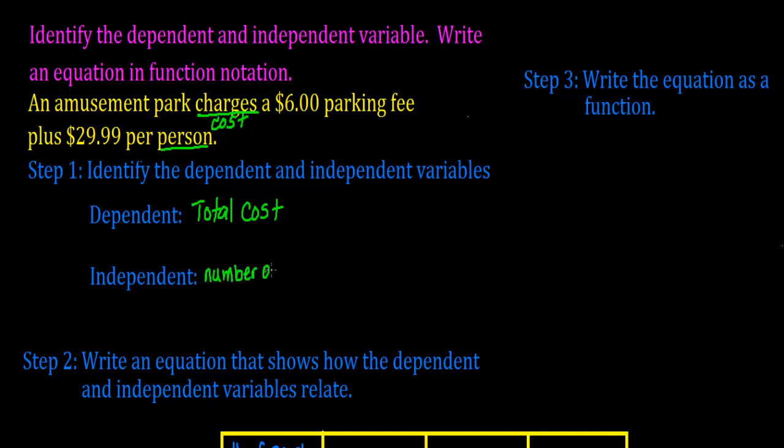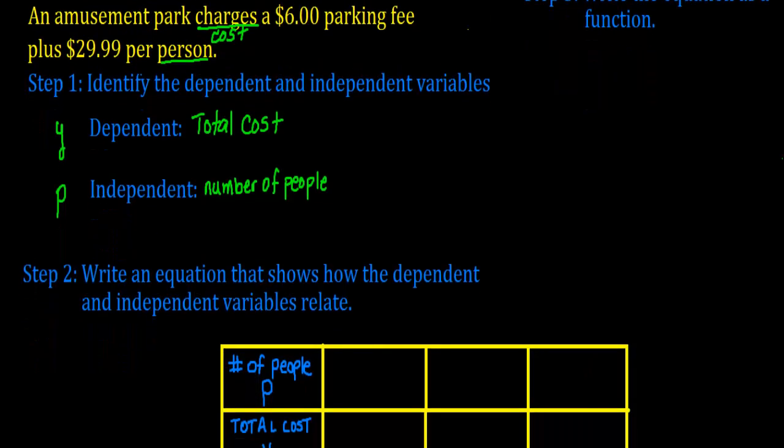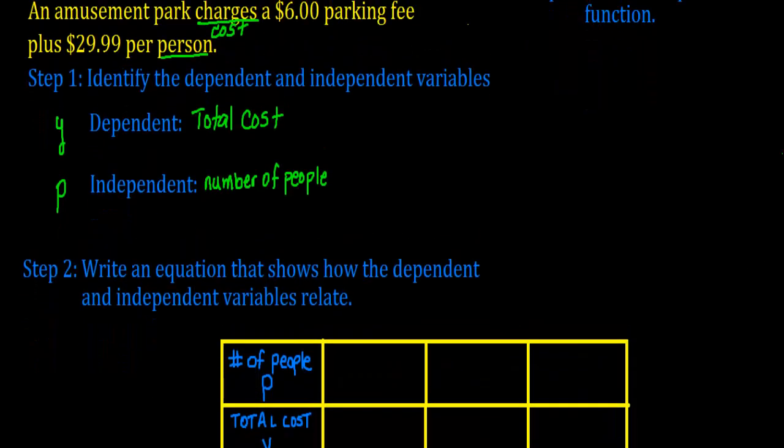Now remember again, in class we usually write y as my dependent variable, and we usually write x as my independent variable, but in this case I'm going to use p for people, okay? You can do that. Instead of x, I'm going to use p for people. No problem there. Now my second step is write an equation.